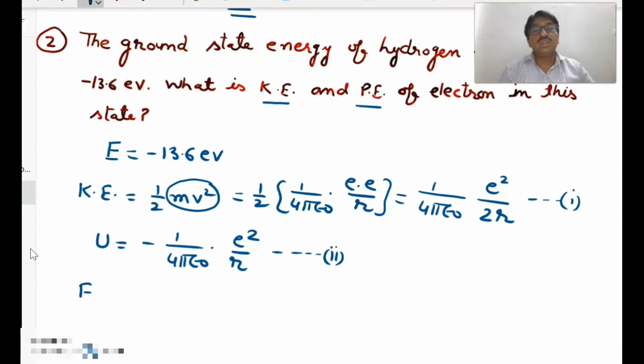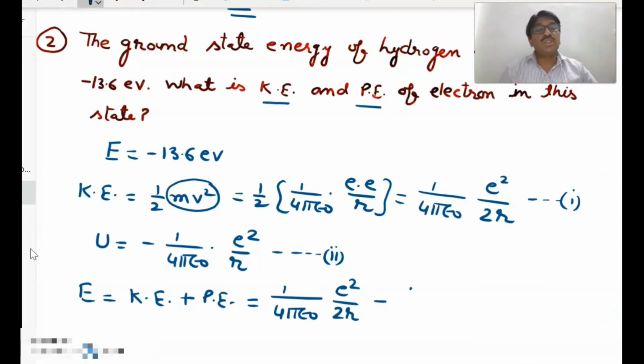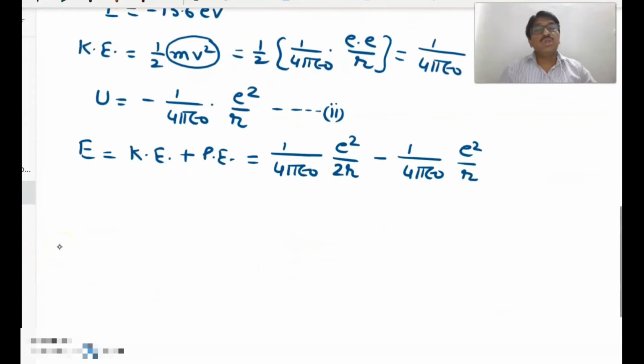And the total energy E, we know, should be equal to kinetic energy plus potential energy. Kinetic energy is 1 upon 4πε₀ e² upon 2r minus potential energy 1 upon 4πε₀ e² upon r, and after solving it, it becomes minus 1 upon 4πε₀ e² upon 2r.